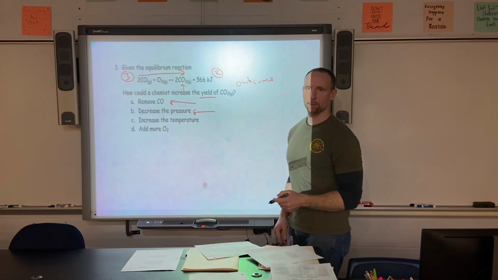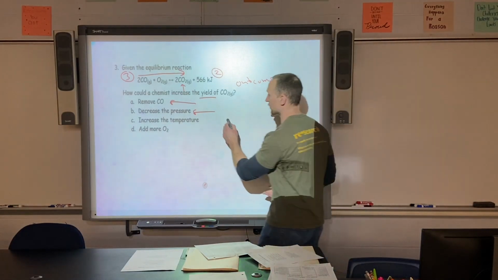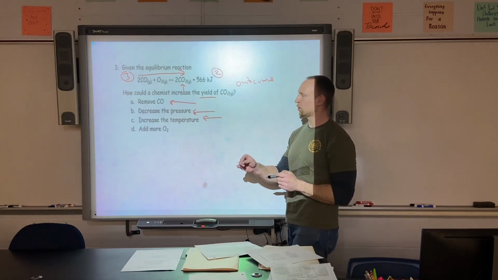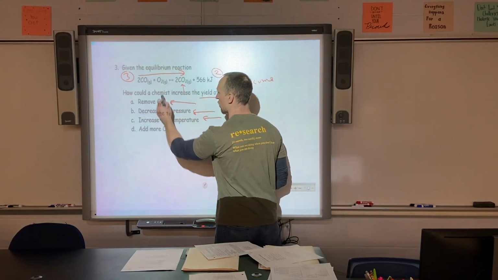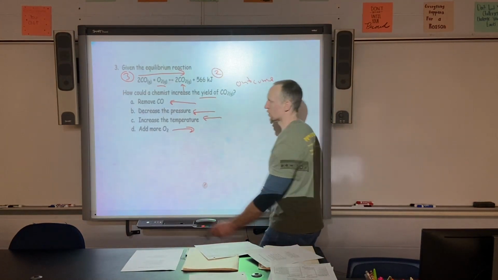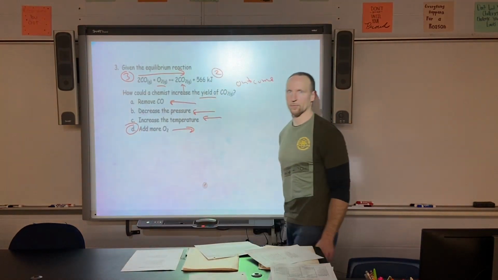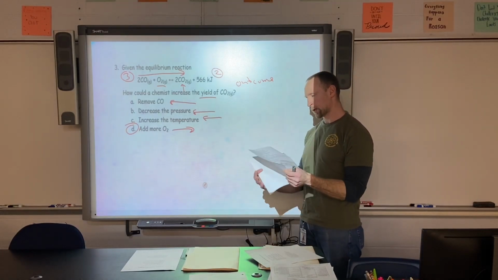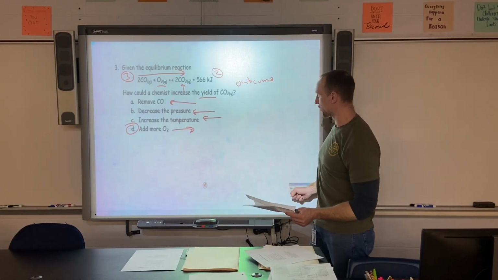If I increase the temperature, away from what's added, I'm going to shift left. And if I add more O2, I'm going to shift away from what's added also, but now my O2 is over here, so I'm going to shift right. So that's my answer. So before I give you some time to work on these problems, take a look at question 7 quick.